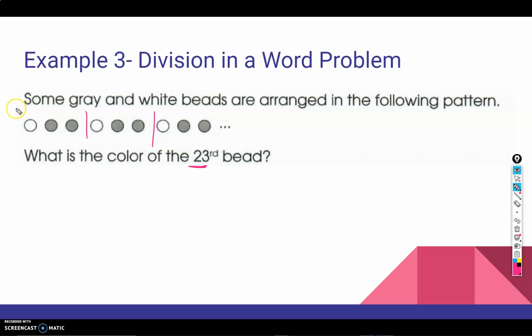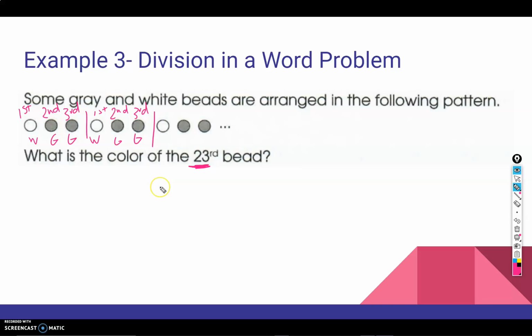The first bead is white, and the second and third beads are gray. And the same thing repeats with the next group. So it's white, gray, gray, white, gray, gray. And they're asking us what color the 23rd bead is.